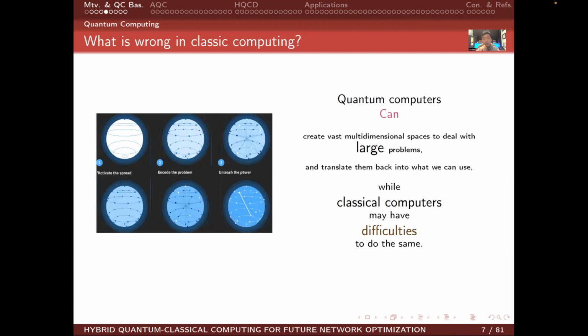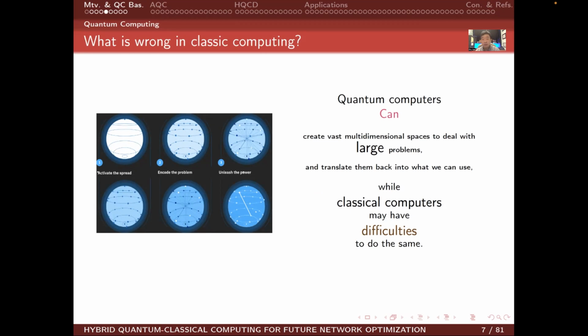In this proposal, in this tutorial, we want to study how we could utilize the advantages of both the quantum computer and the classical computer, such that they can work together to solve complicated problems that we face in the engineering domain. So this is the purpose of this class.